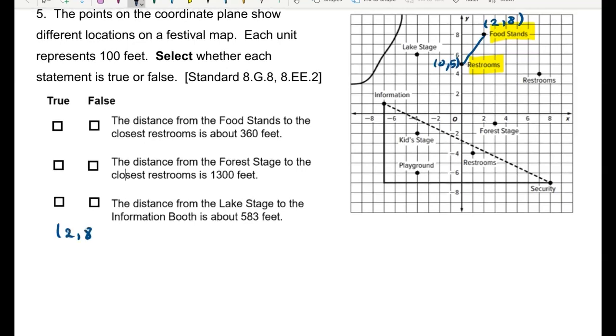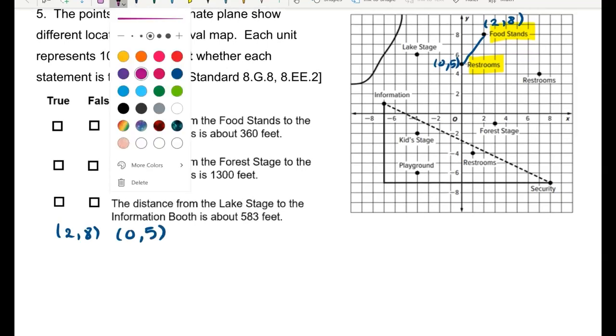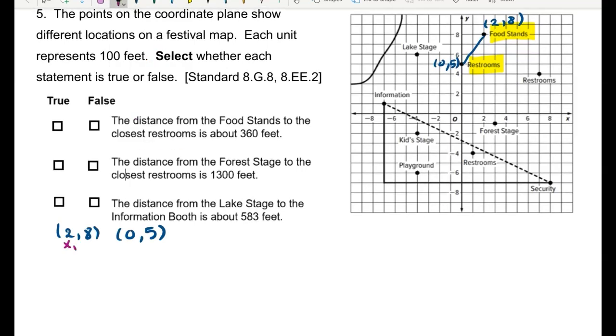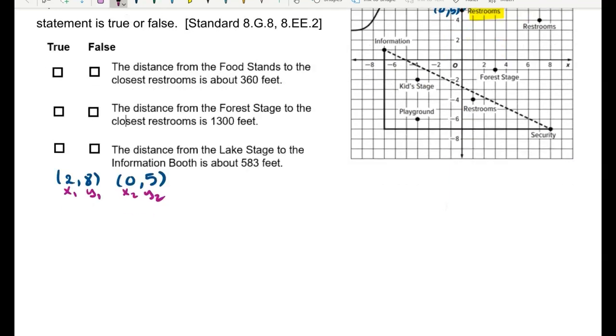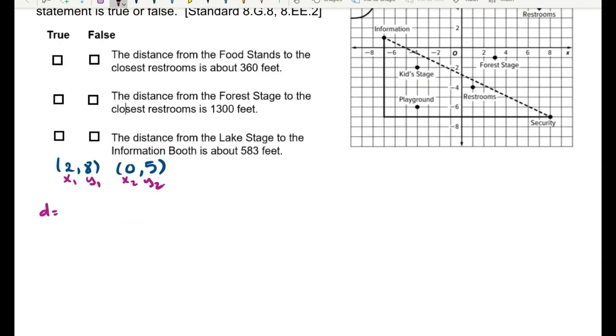We label these points x1, y1, x2, y2. The distance formula: d equals the square root of (x2 minus x1) squared plus (y2 minus y1) squared.